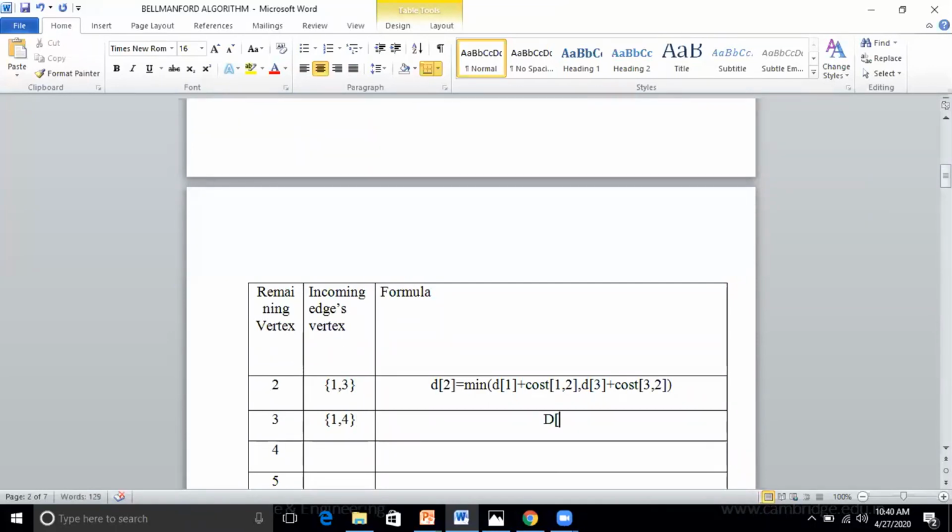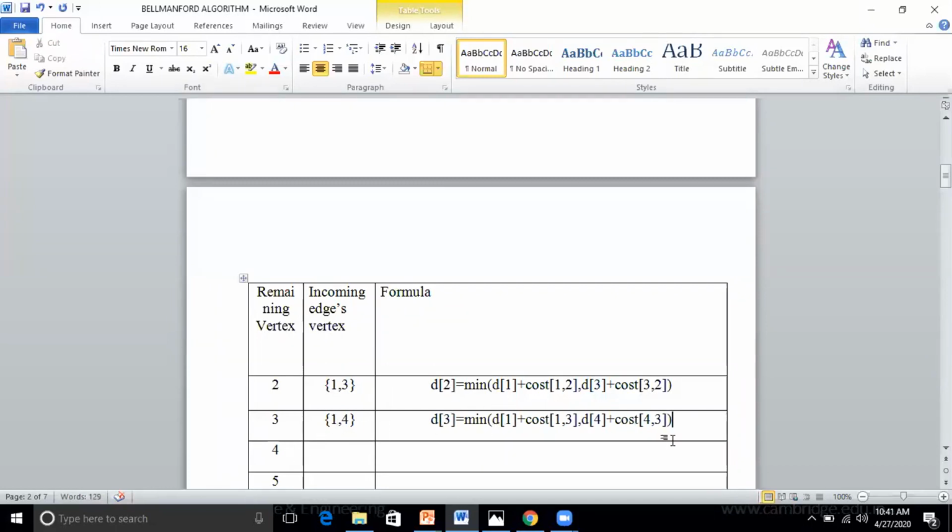D of 3 is equal to min of D of 1 plus edge cost of 1 to 3, comma, D of 4 plus edge cost of 4 to 3. Yes, sir.